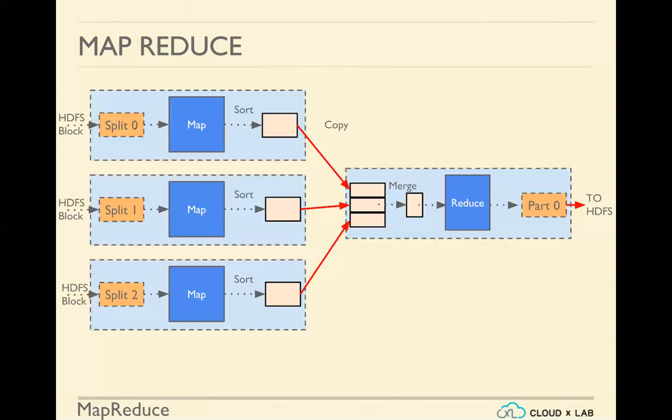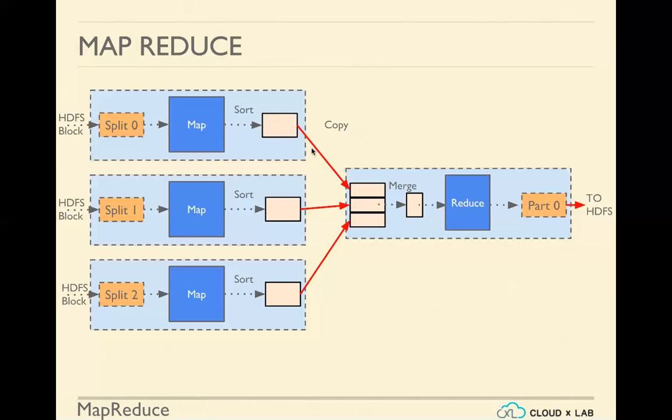A question from Gaurav. From each HDFS block, the merge happens on a different machine. Does sorting also happen there to sort fragments with respect to each other? Very good question, Gaurav. So yes. This data is already sorted, this is also sorted, this is also sorted, and then there is a merge sort happening here.